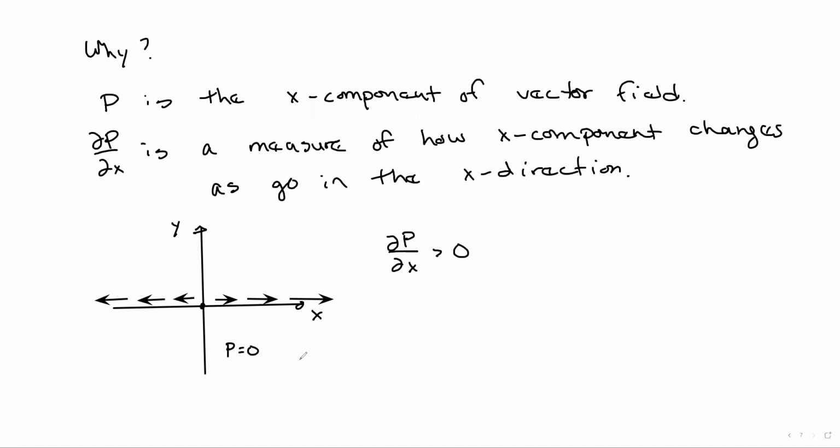Okay. Now the question is, does this match up with our expectation? If you were to put some leaves in this picture here, what are those leaves doing at the point? Well, assuming that you had some movement, so they're not right on the 0 vector, they're going to start moving to the right, and as you move further to the right, because the vectors are becoming longer, they're going to move faster and faster.